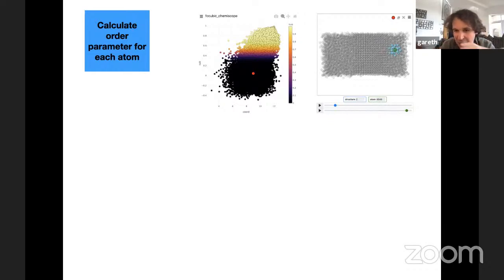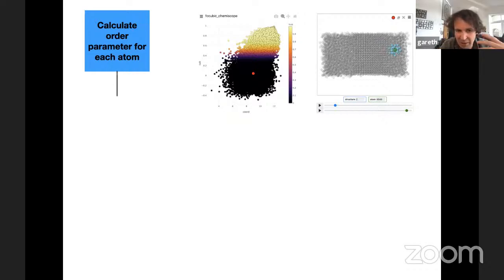Okay, and we can now look at what happens in terms of different frames. Instead of each frame being a distinct representation of that collective variable, there are multiple values of the order parameter within each frame because we have one value for each atom. Okay, so I will show you how to construct this chemiscope representation where you have these multiple quantities per frame as well.